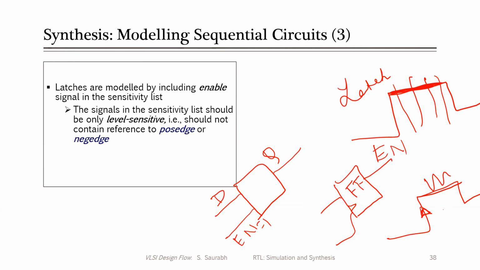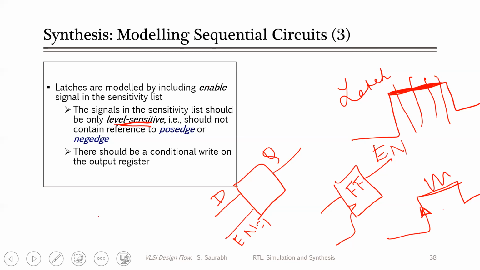Now, the signals in the sensitivity list should only be level sensitive for a latch. If you want to model a latch, the signal should be level sensitive. It cannot be edge sensitive, because if we write posedge or negedge, it will become a flip-flop. There should be a conditional write on the output register. This is the important thing: a latch should have a memory.